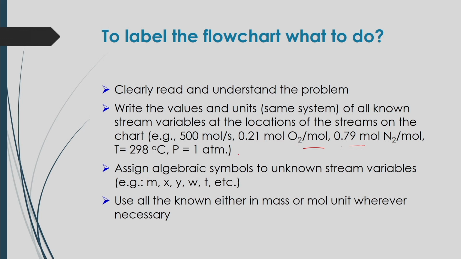So all these known values are to be written, and even unknown values are to be written by defining some symbols. Then assign algebraic symbols to unknown stream variables, and use all the known values in either mass or mole units wherever necessary. You have to mention whether you consider mole or mass, but your consideration should be uniform throughout the process.